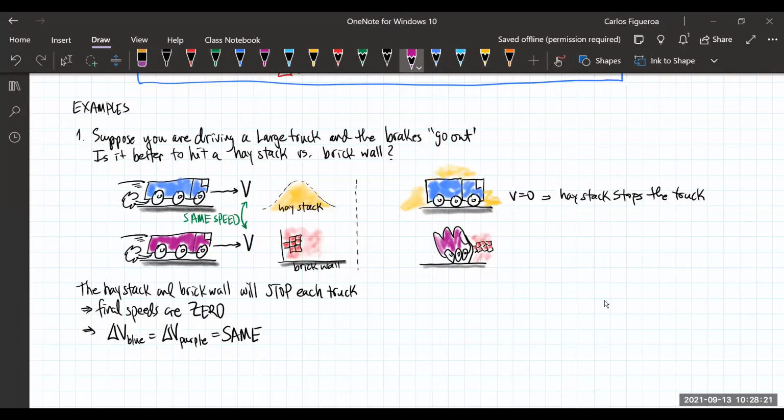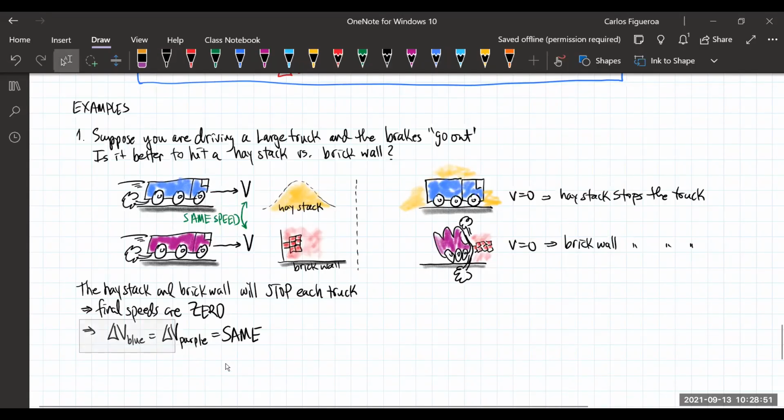As you're looking at this violet truck, it's a violent situation where you're stopping that thing instantly. So again, the final speed of that truck is 0, and that's because the brick wall stops the truck.